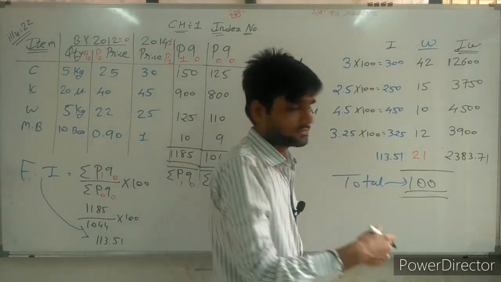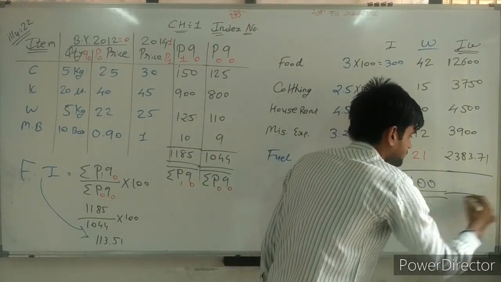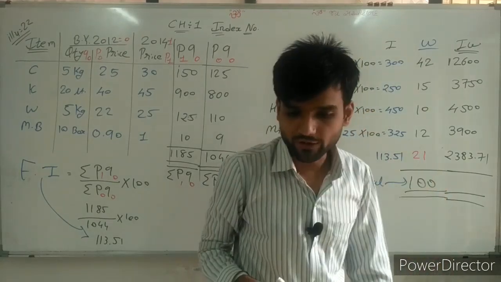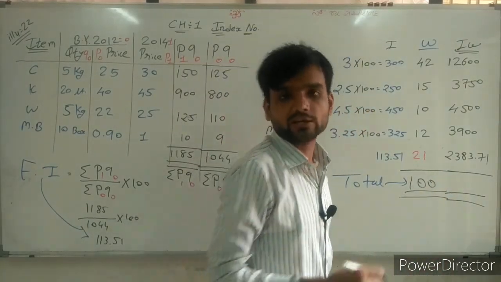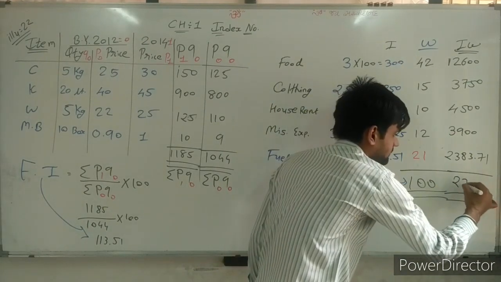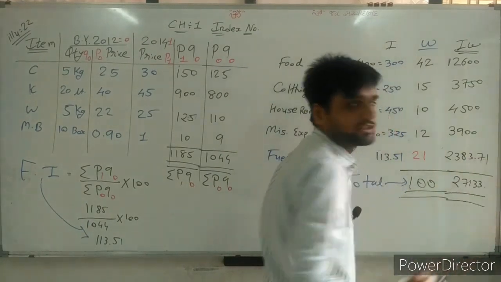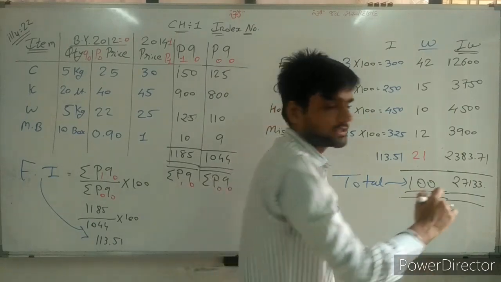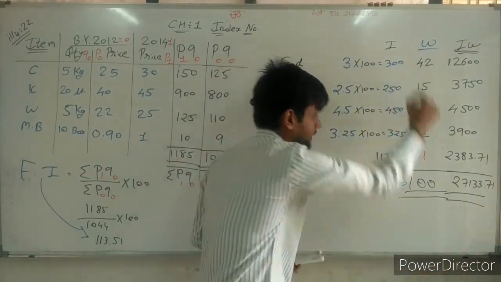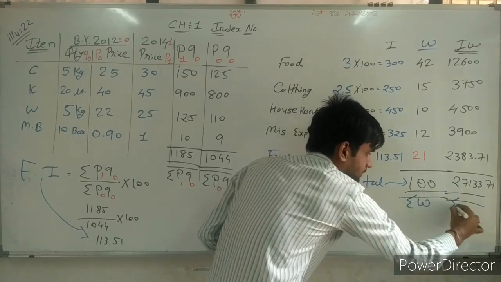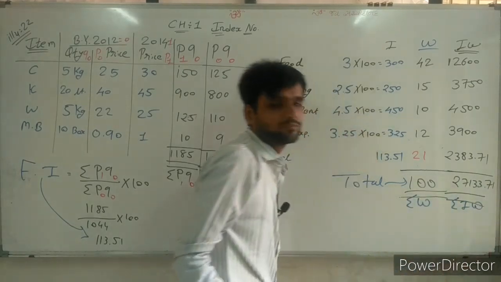Now the total of it, sigma IW. So make the total of it. We are getting 27,133.71. So this is my sigma IW.